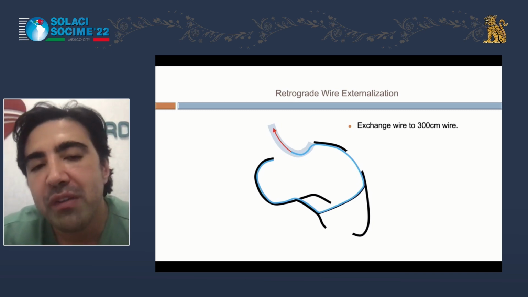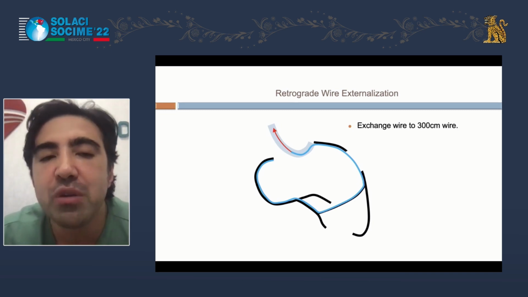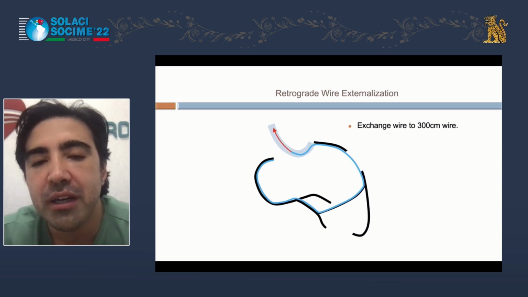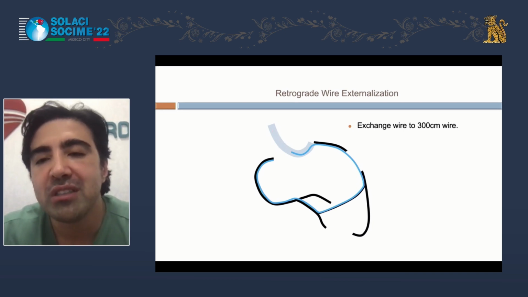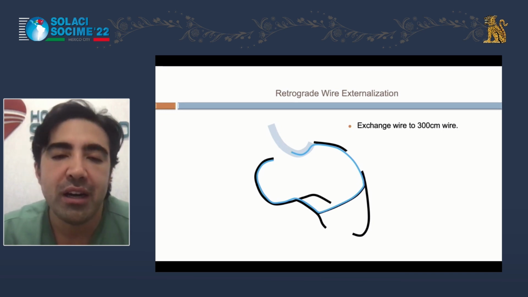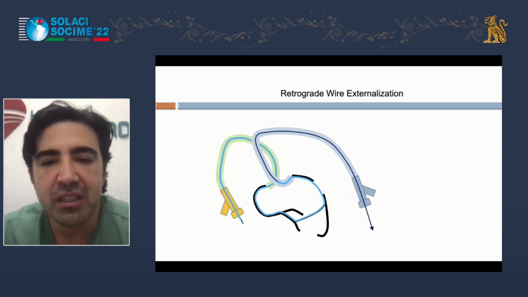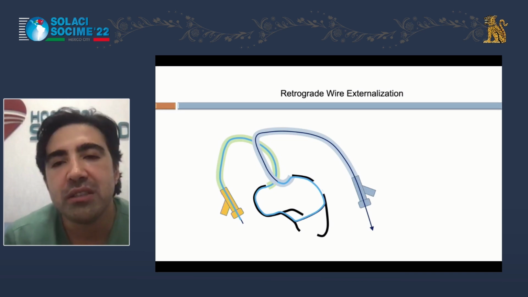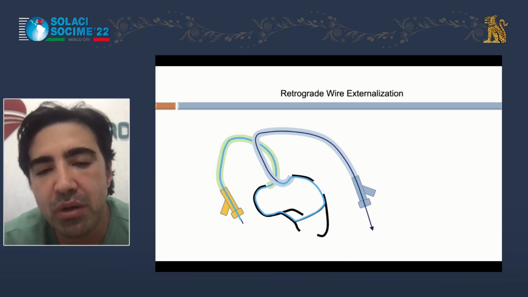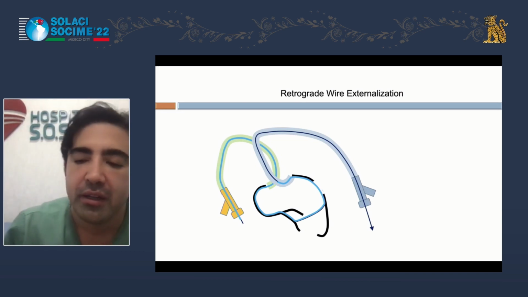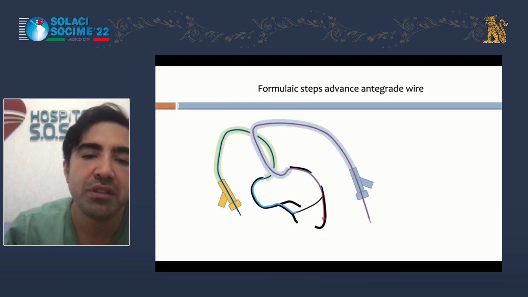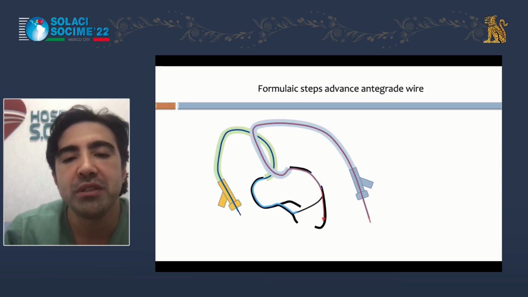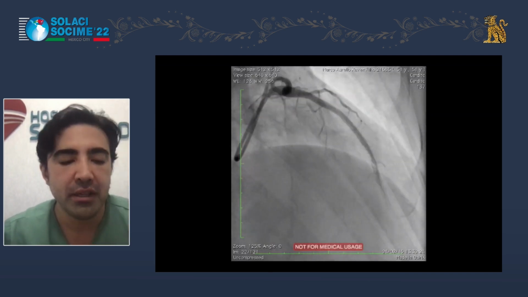When we arrived at this point, we exchanged the wire that we entered in the guiding catheter for an RG3, and with the RG3 we did the externalization of the wire, and from here we could finish the CTO PCI.